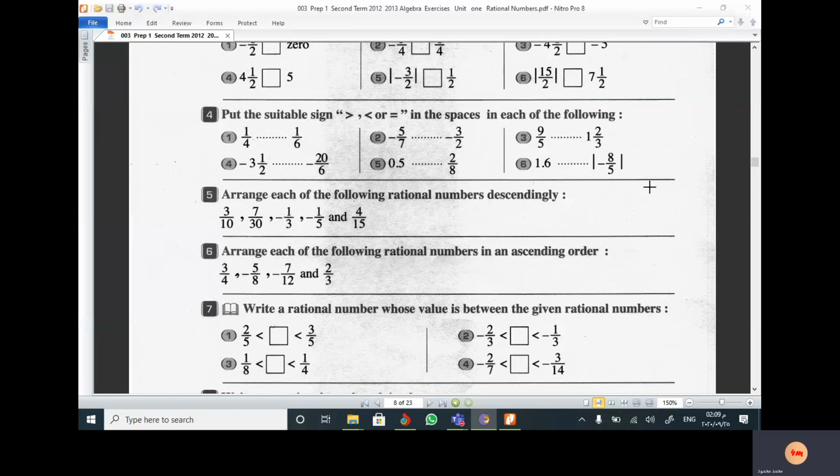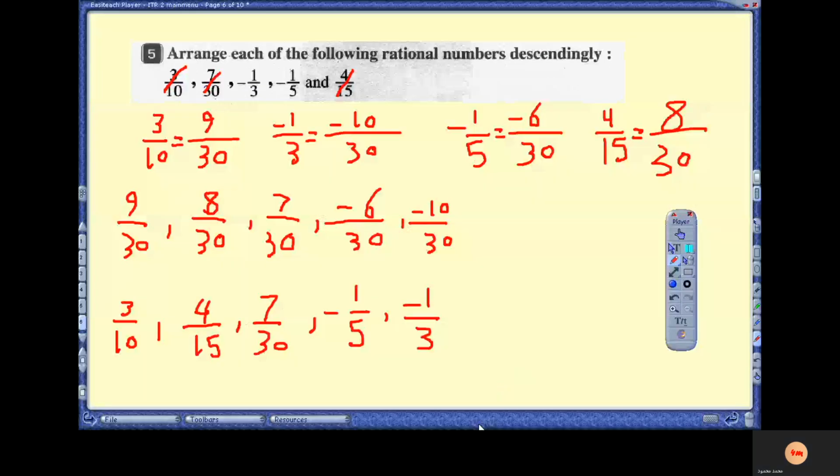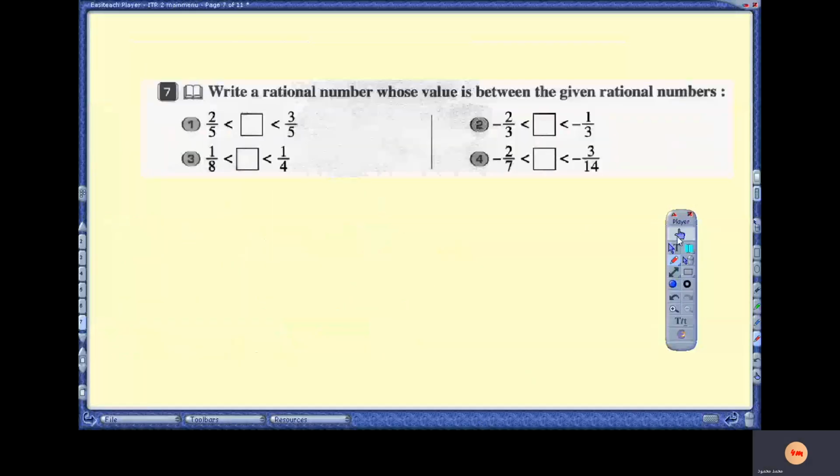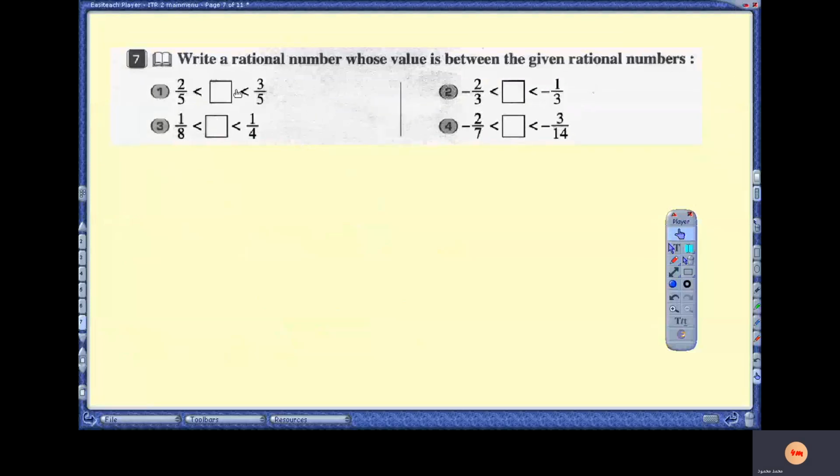After that, number 7, write a rational number whose value is between the given rational numbers. Two fifths and 3/5.